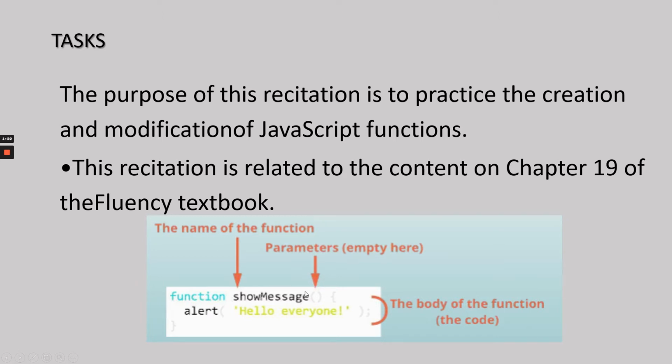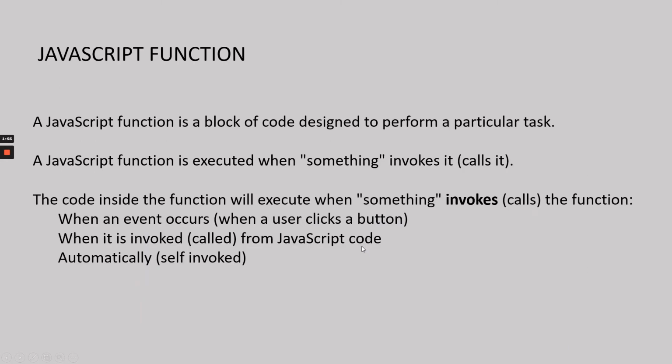So basically, when we call this function, it will output a string, which is hello everyone, by using the alert function inside this function. This is an open bracket, and this one is a closing bracket. In between these two brackets is the body of the function, which is the main part of the code.